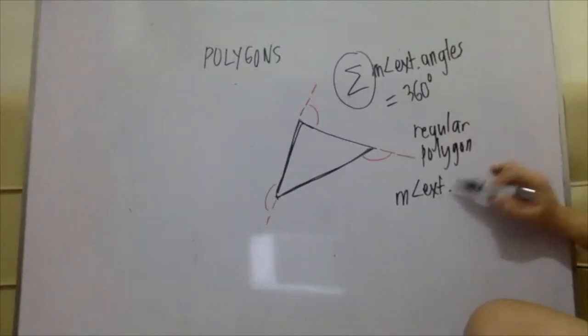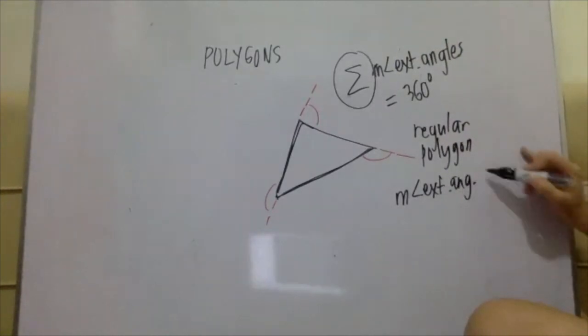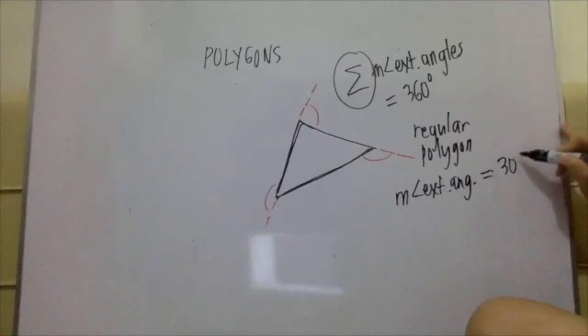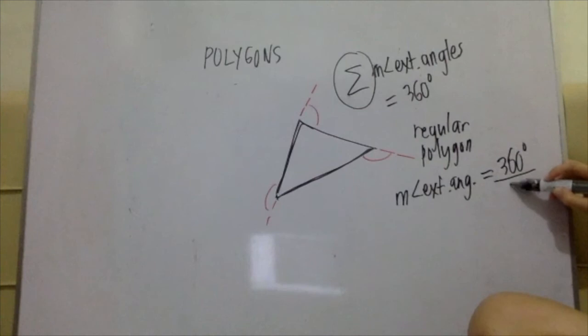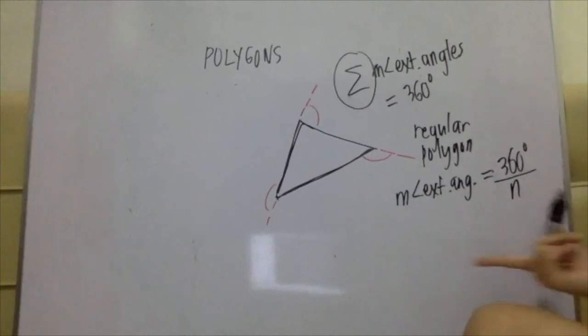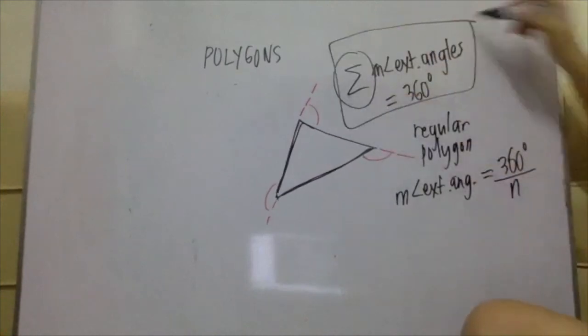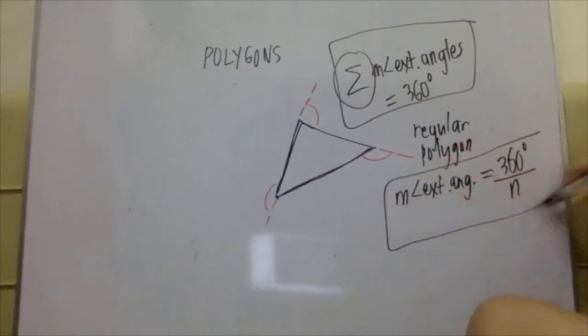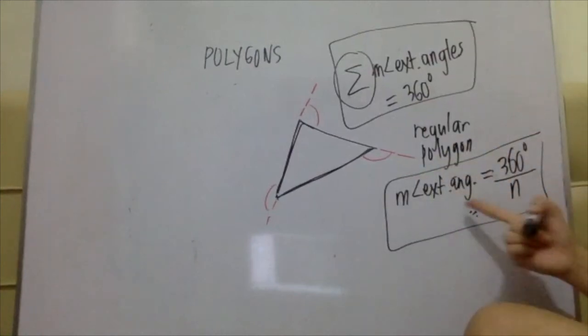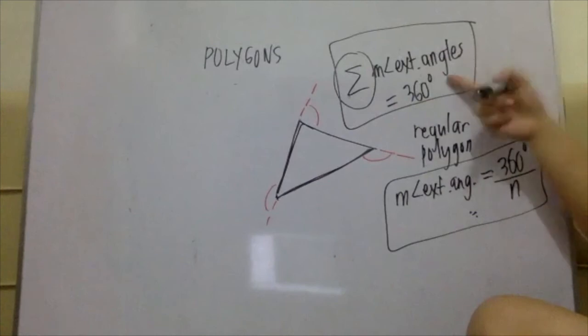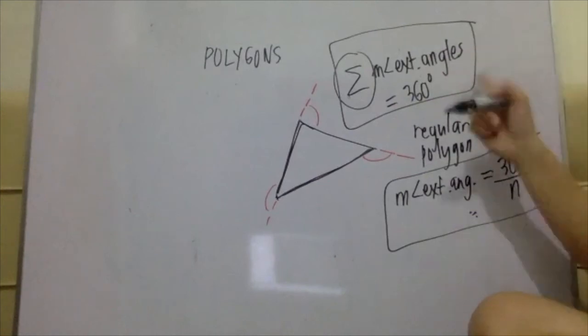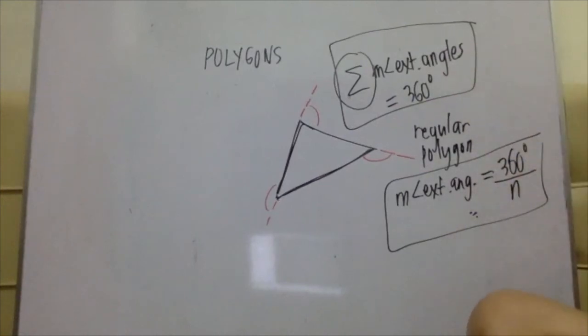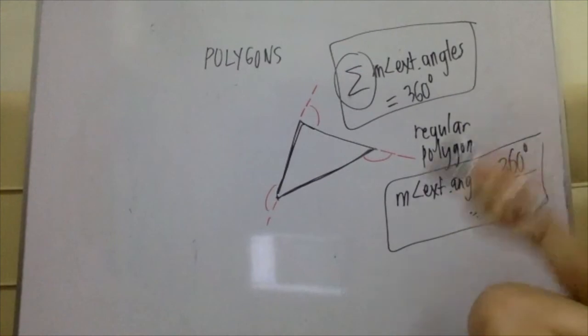So, ang measure ng each exterior angle mo would be equal to 360 divided by the number of sides. Okay? Ito rin dalawang alalahanin nyo pagdating sa exterior angles. So, this one, strictly for regular polygons. Ito for any polygon. Ang sum ng exterior angles mo is equal to 360 degrees. Okay?